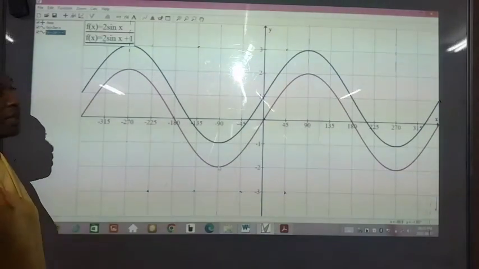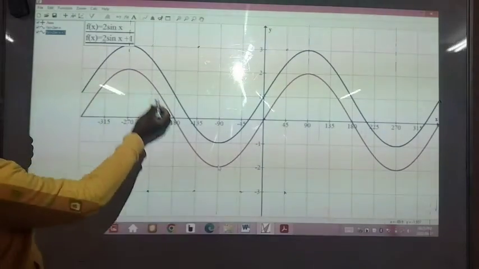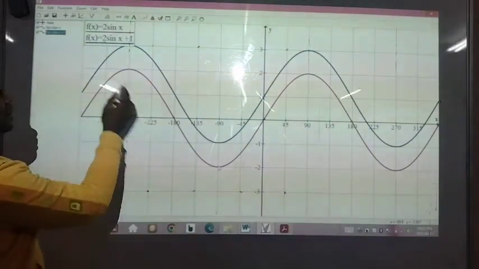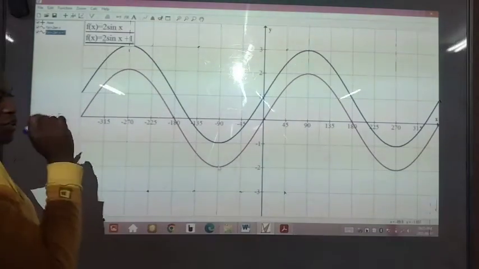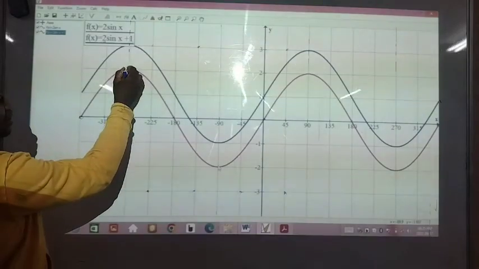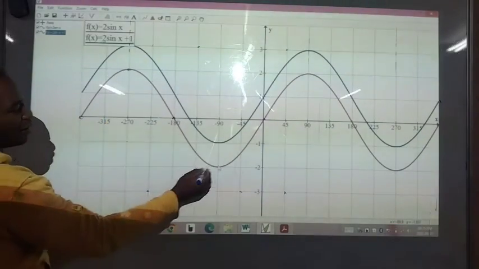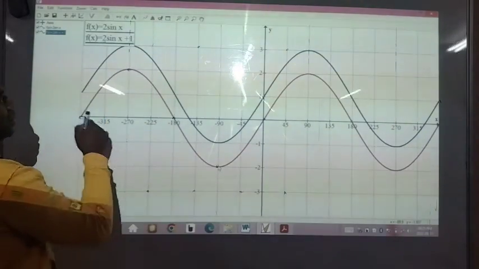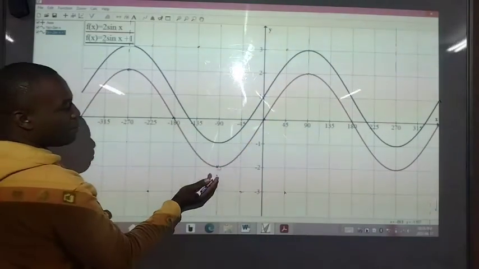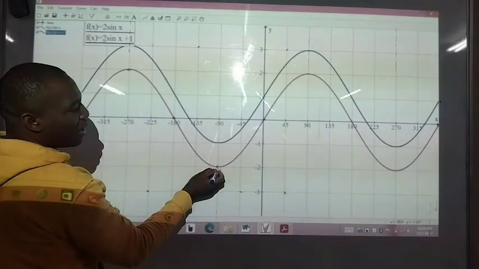So the easy part is this: it is easy to draw the graph of 2 sine x, and then you just shift those strategic points. These are the strategic points for the graph of 2 sine x, and you are just shifting each point up by 1 unit.